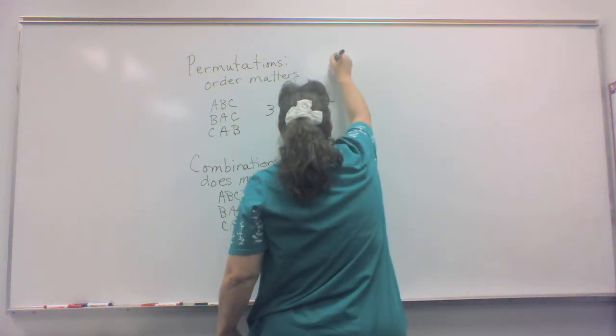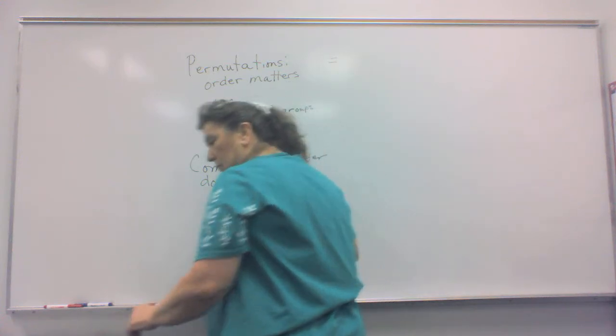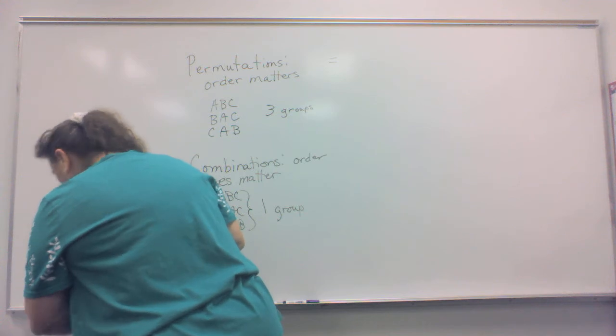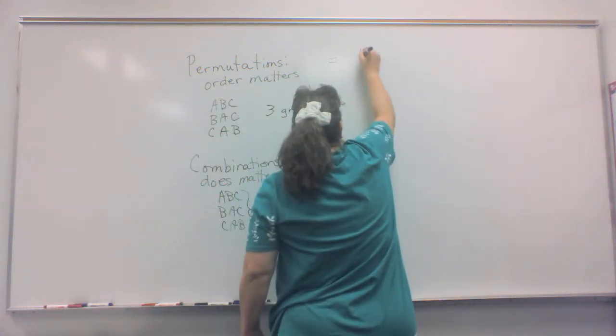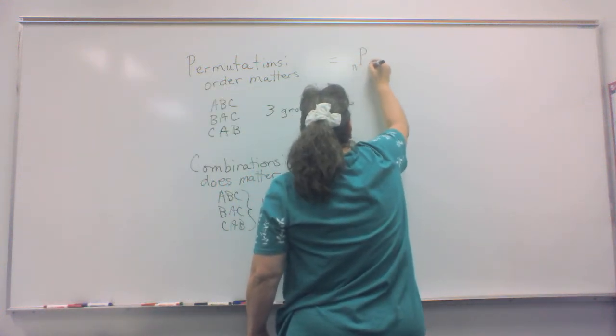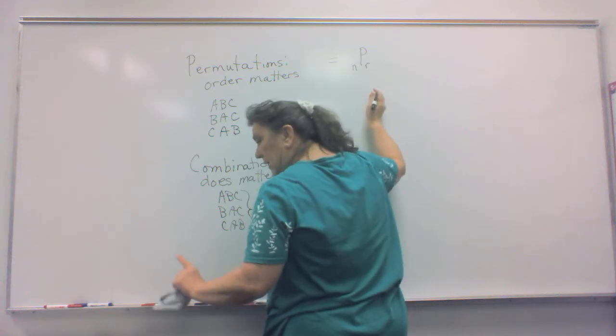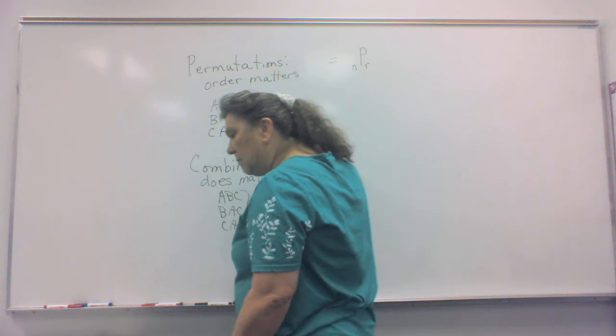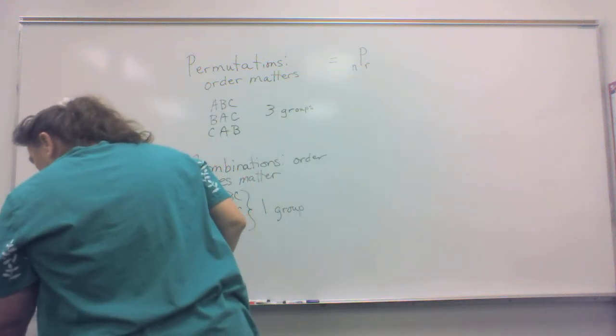Here's your formula for permutations. It is designated as PNR, and there's other ways to do it, but this is the most common form. What is N?